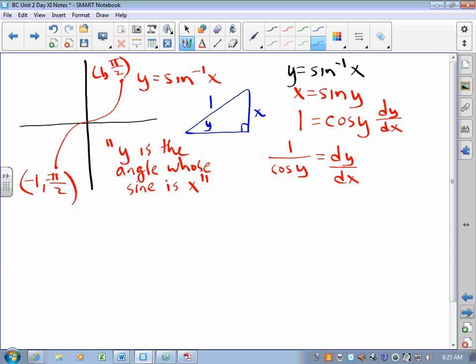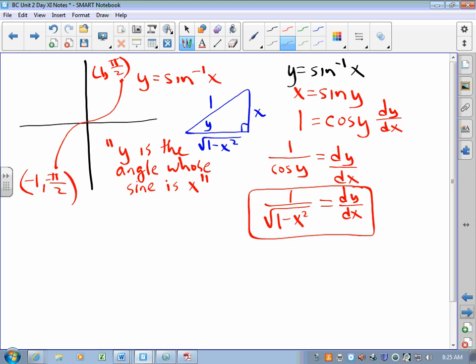So this third side, by the Pythagorean theorem, is radical 1 minus x squared, which means that dy/dx for the inverse sine graph is 1 over the cosine of y, and that is something that we have to know. We have to know that the derivative of the inverse sine graph is 1 over radical 1 minus x squared.